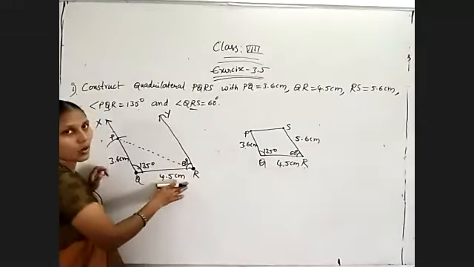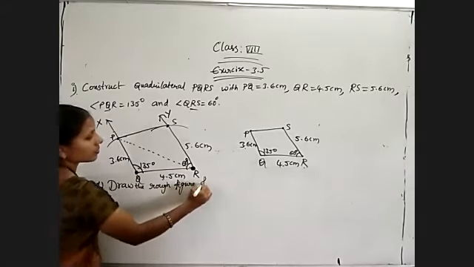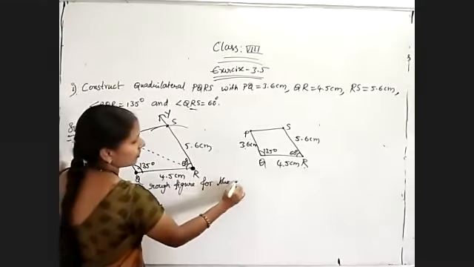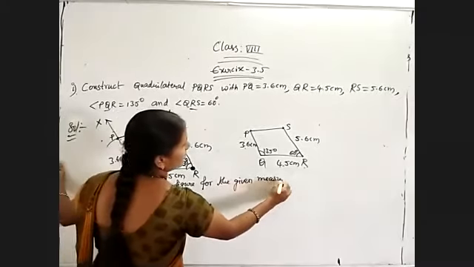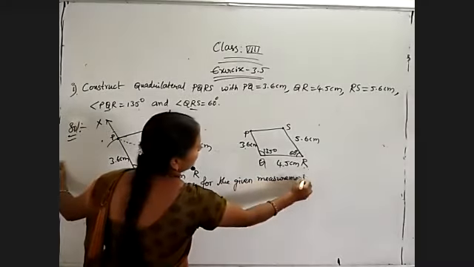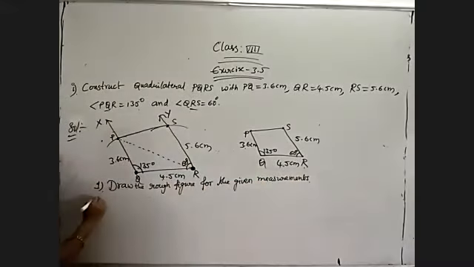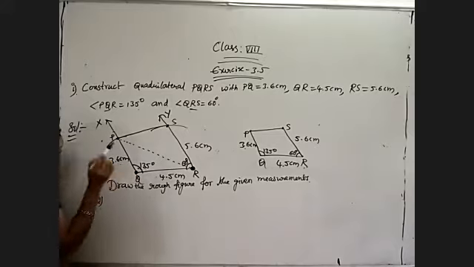So, construction steps. First, what did we do? Draw the rough figure for the given measurements. And secondly, what did we do? We constructed the triangle PQR using the side angle side criterion.